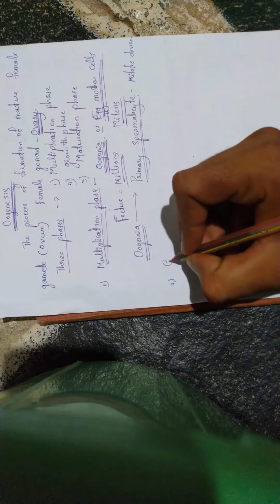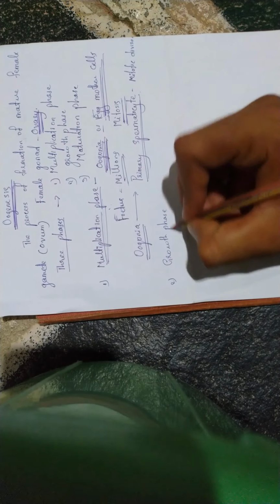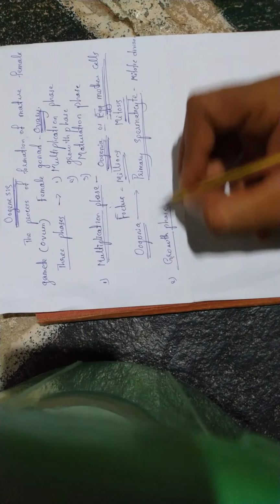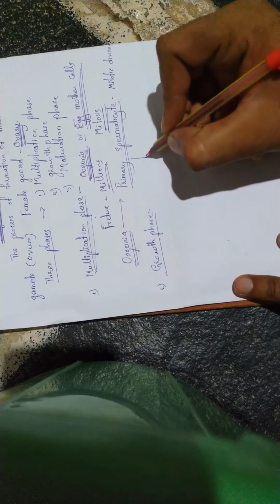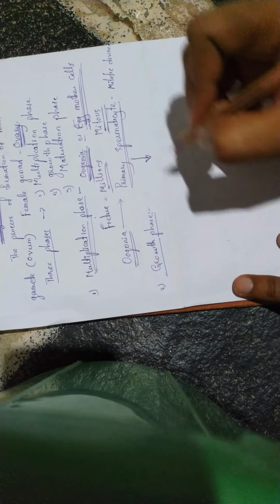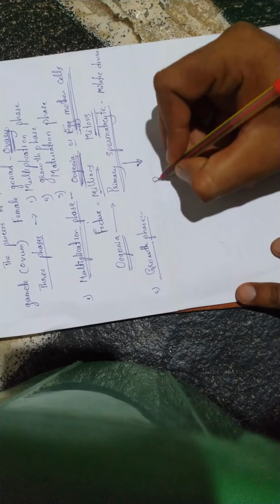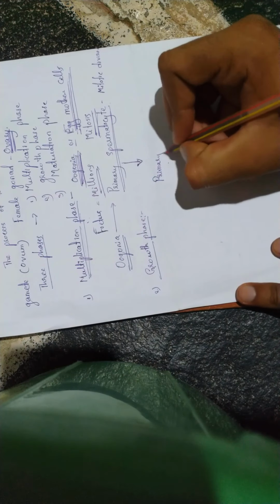The growth phase. Here what takes place? The growth phase extends to many years. In this growth phase, the primary oocyte develops as a primary follicle.